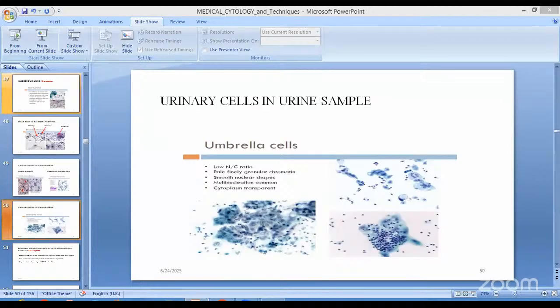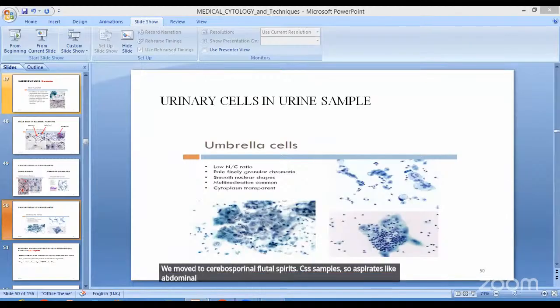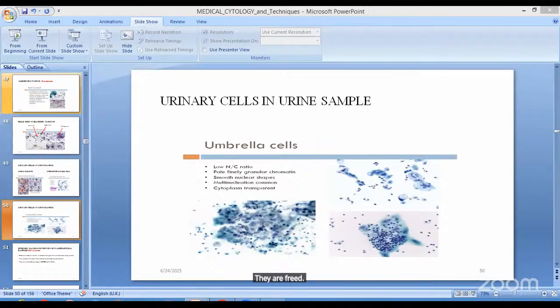We move to cerebrospinal fluid and aspirates. CSF samples or aspirates like abdominal fluid, gastric fluid, bronchoalveolar lavage, pericardial fluid, peritoneal fluid, pleural fluid, etc., received should be macroscopically described.